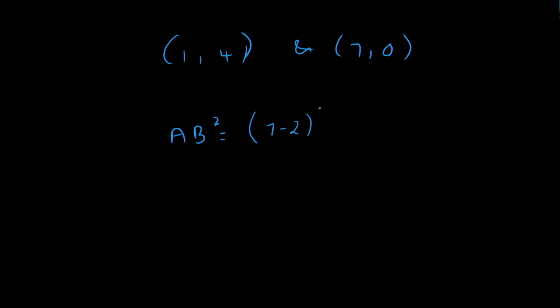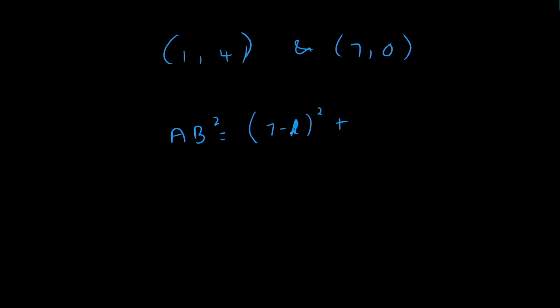All right, so the length of AB. Again, we're looking at 1 and 4, and 7 and 0. So the length would be x2 minus x1 squared plus y2 minus y1 squared.